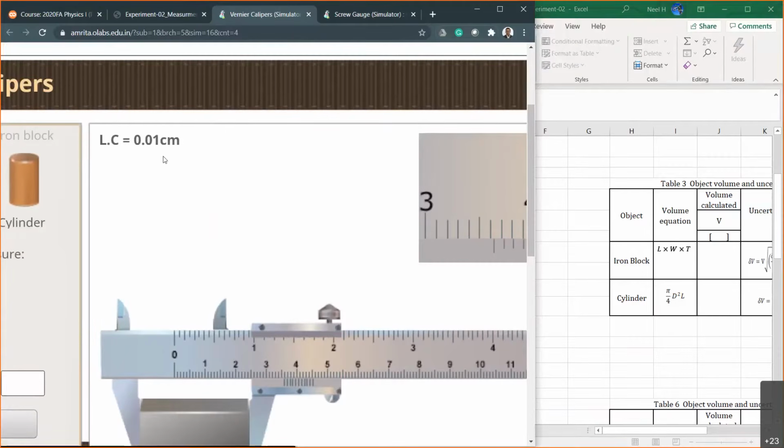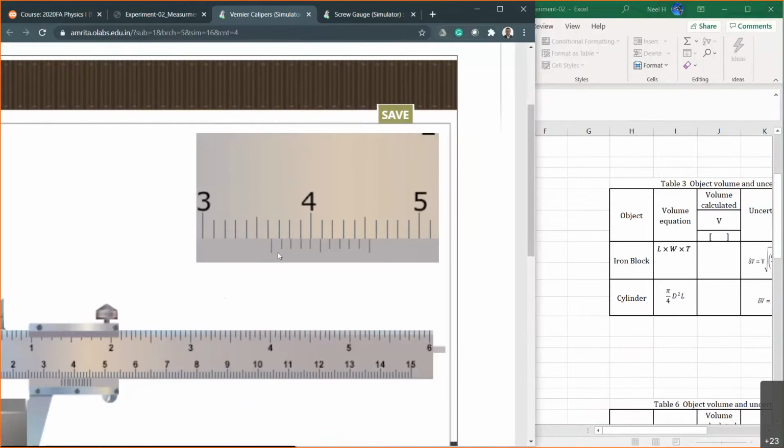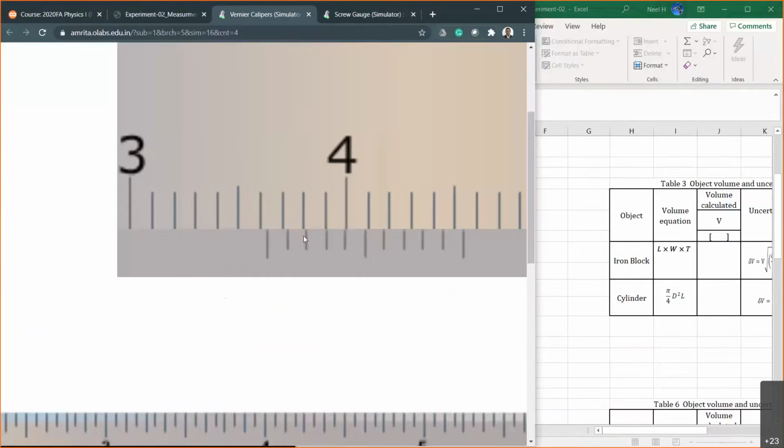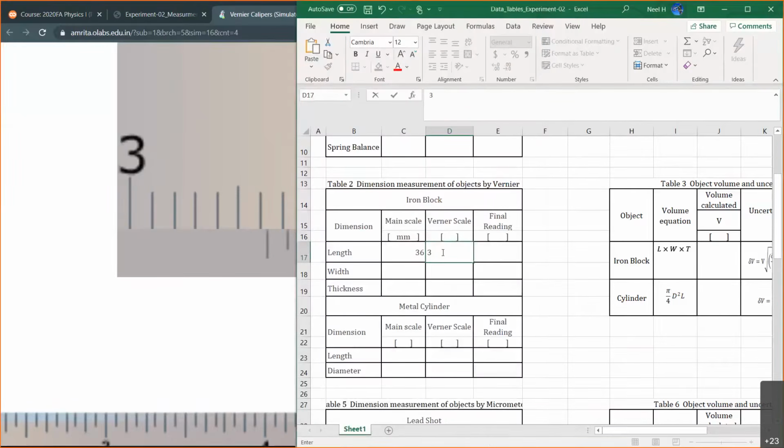In this instrument, least count means the smallest possible value you can measure. That is 0.01 centimeter, which is 0.1 millimeters, which means the value of each gray line. The value of each gray line is the least possible measurement you can do. So this 3 has to be multiplied by 0.1, and then you get the unit in millimeters.